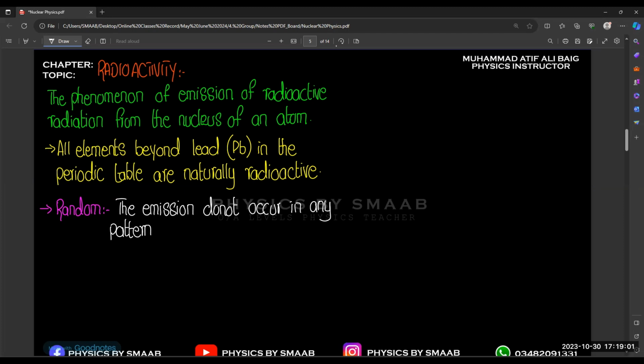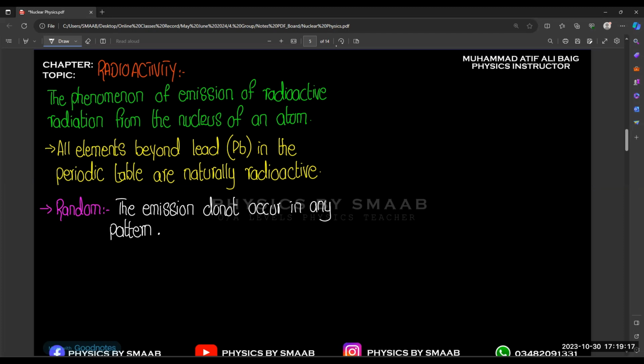So the meaning of the word random in radioactivity is that the emission does not occur in any specific pattern, right? So any nucleus can decay any time. There will be no specific timing, no specific pattern, no specific rate.